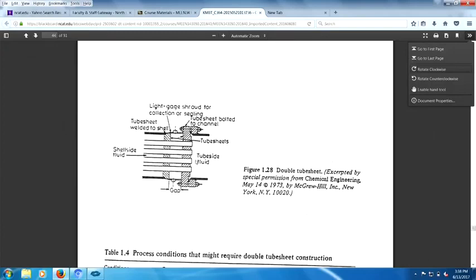So you have the tube side fluid, and over here is the shell side fluid. In between here you have a vacant space. There's nothing in here, and then you have a place for drainage. The reason why you would have a double tube sheet is if there is leakage here, it leaks to a place and then comes on down.